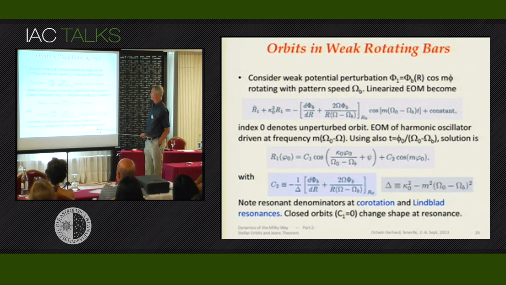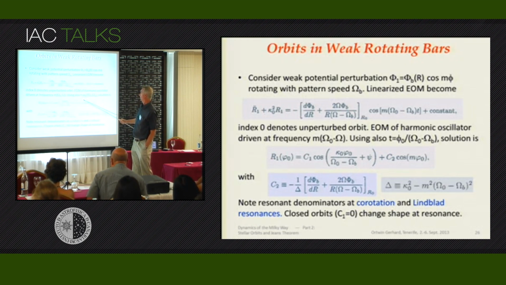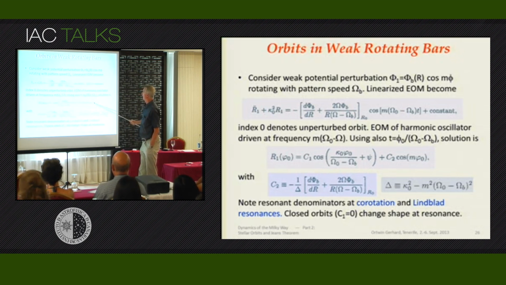And so that's given here. You don't need to now understand all of the details, but the interesting thing to note here is that when you look at these terms, first of all, there is a term that's simply oscillating here with phi 0, and then there's a term that's more complicated.